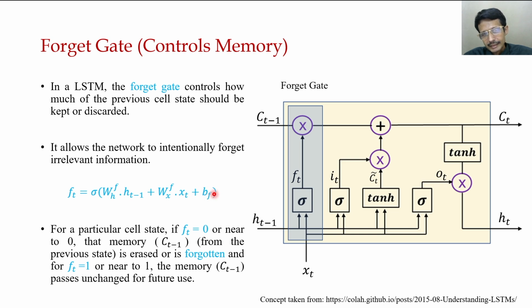F means forget gate. So this summation we put a sigmoid nonlinearity over it.